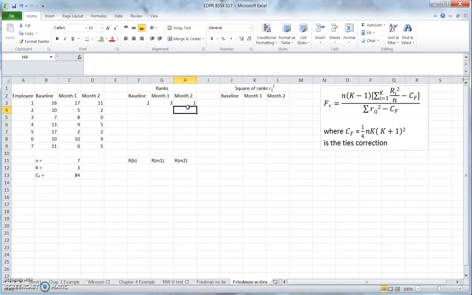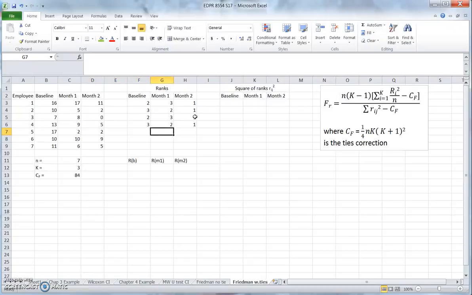Next one, I have 1, 2, and 3. I rank the score from the lowest to the highest within the same observation: 1 to the lowest score, 2 to the next one, 3 to the highest.